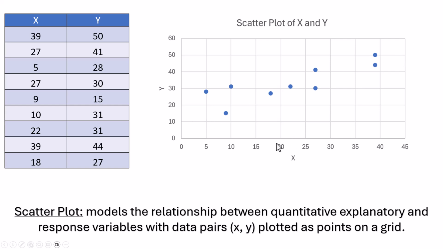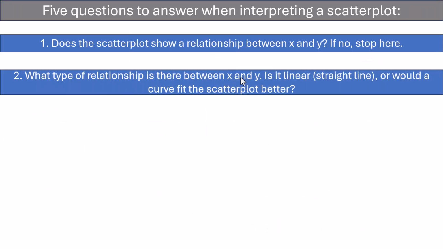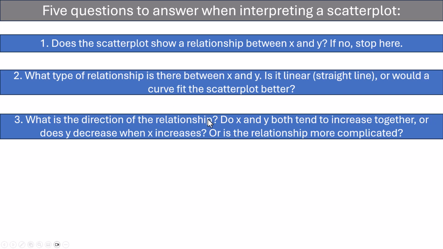As one variable increases, the other one also tends to increase. So that's what we mean here when we say, what is the direction of the relationship? Do they tend to increase together? That'd be a positive relationship, or are they going in opposite directions? We call that a negative relationship. Or is the relationship more complicated? Maybe it's not really as straightforward, and then you would also state that for this part.